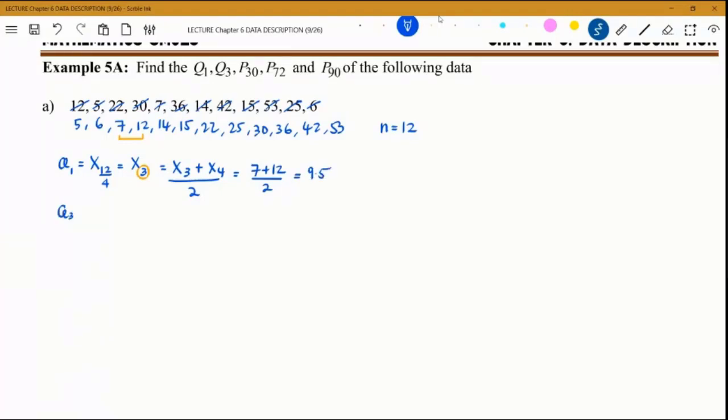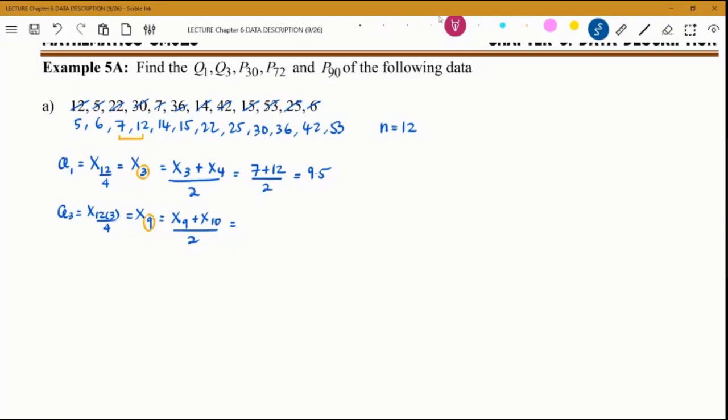Okay, the third quartile. So the third quartile, which is observation, 12 times 3 divided by 4. So kita akan dapat 9. So sama juga, ini adalah integer. So you have to add up with the next observation. So observation yang ke-9, which is we have it 2, 4, 6, 8.